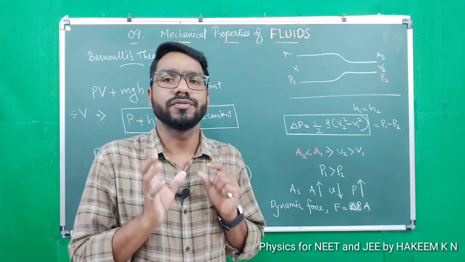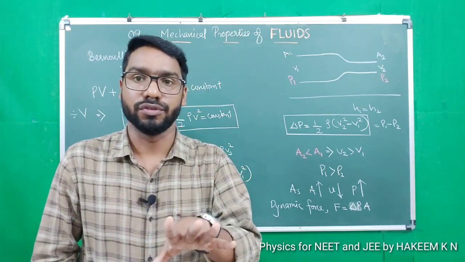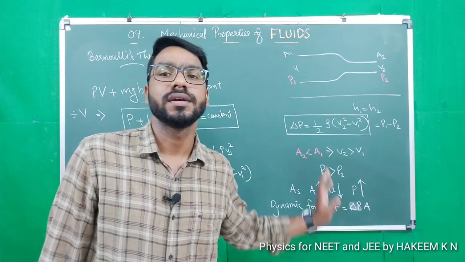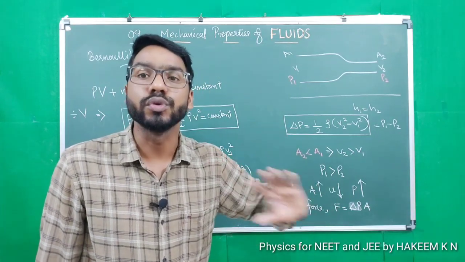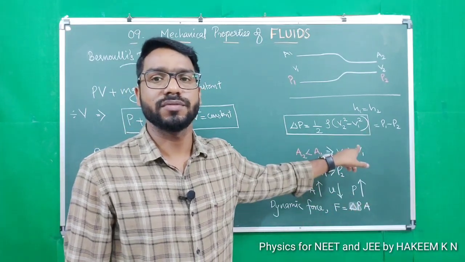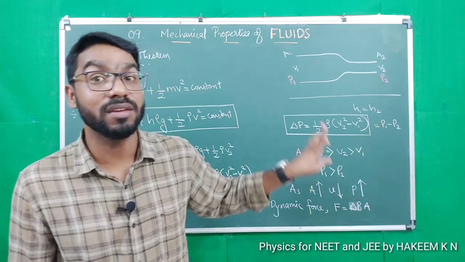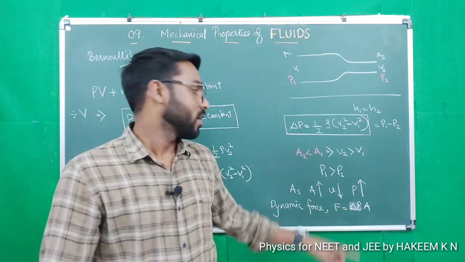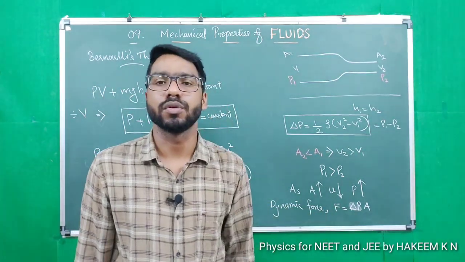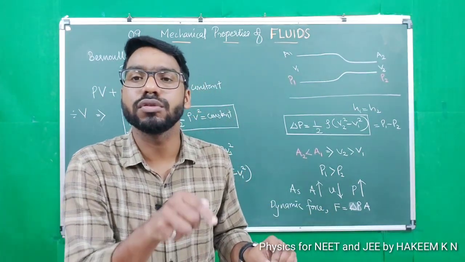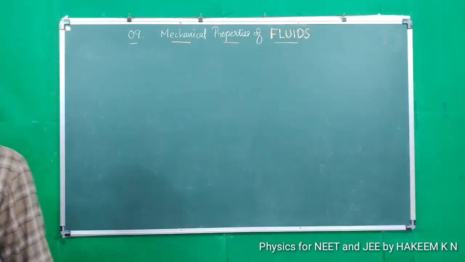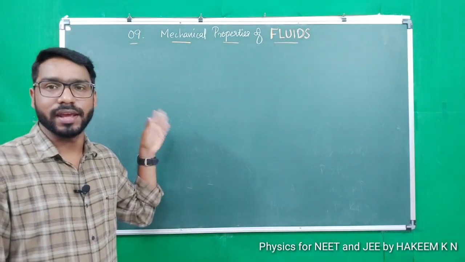Dynamic force is the force due to the pressure difference due to fluid flow. That pressure difference is calculated using half rho into v2 square minus v1 square, that is P1 minus P2, and dynamic force F equals change in pressure into area. Here you can see a diagram.